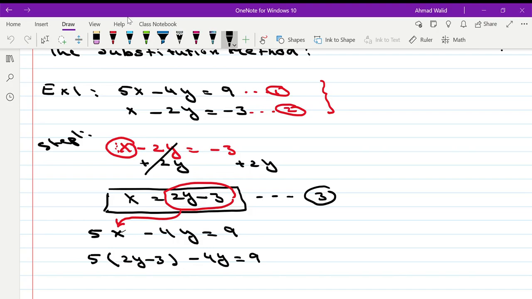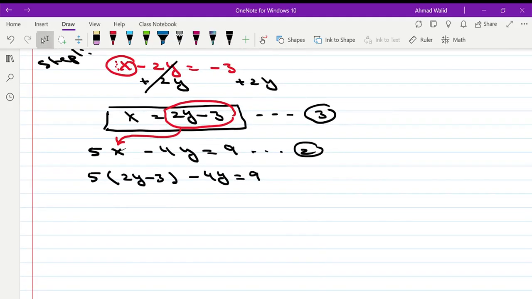Look, in this equation number 2, you had x and y. But right now, in this equation, when I substitute the value of x, everything is in terms of y, not x. Correct? Now solve this equation. Distribute: 10y minus 15 minus 4y equals 9. 10y minus 4y gives you 6y.